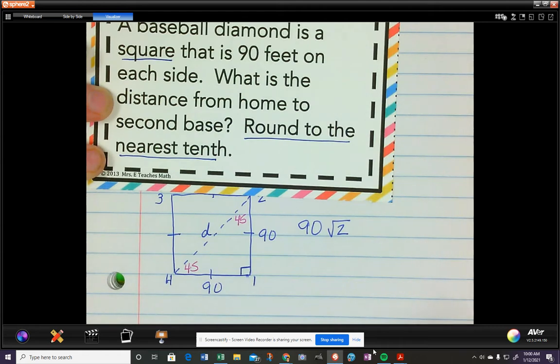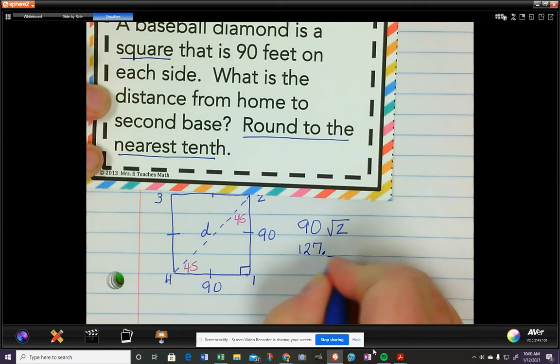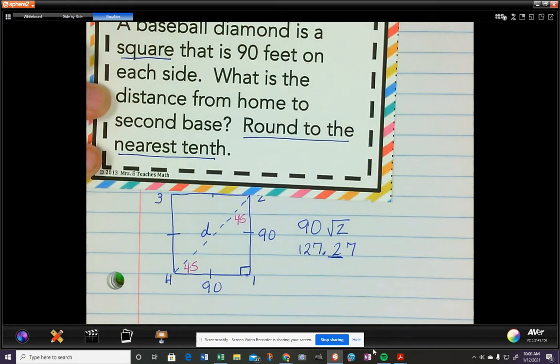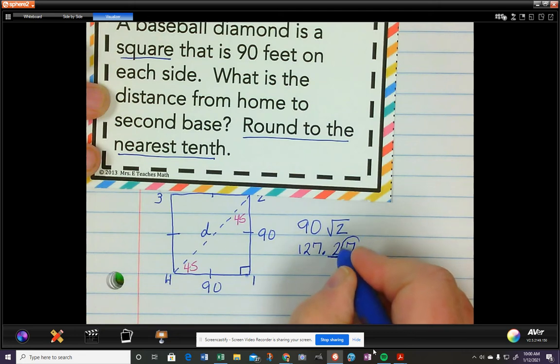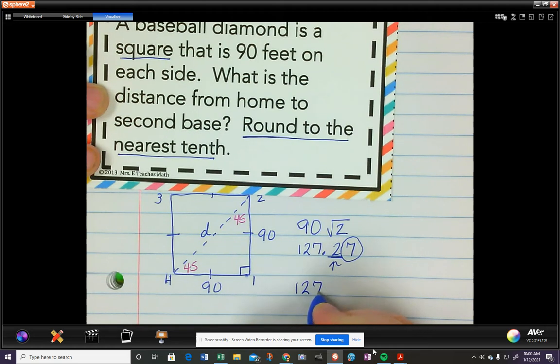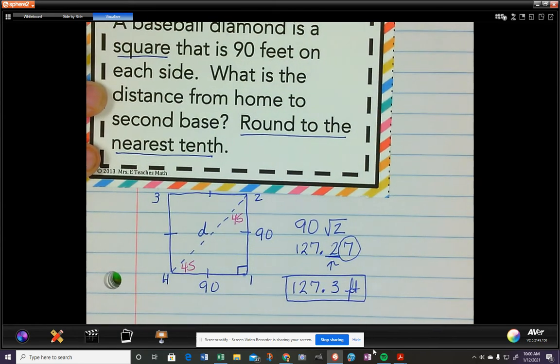So what would that be? 127. What would this number be? It's 27 to begin with, but I look at this number and I have to go up on that number. So it's actually 127.3 feet. Okay? Pretty good on that one?